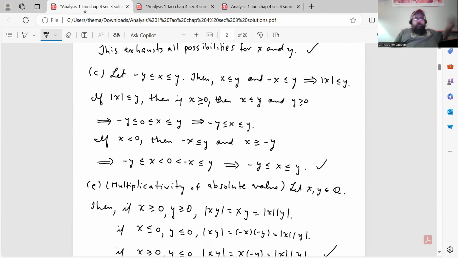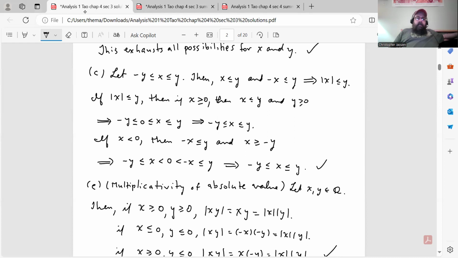And now the reverse direction. If absolute value x is less than or equal to y, then if x is greater than or equal to 0, then x is less than or equal to y, and y is greater than or equal to 0, which implies that negative y is less than or equal to 0, less than or equal to x, less than or equal to y, which shows that negative y is less than or equal to x, less than or equal to y.